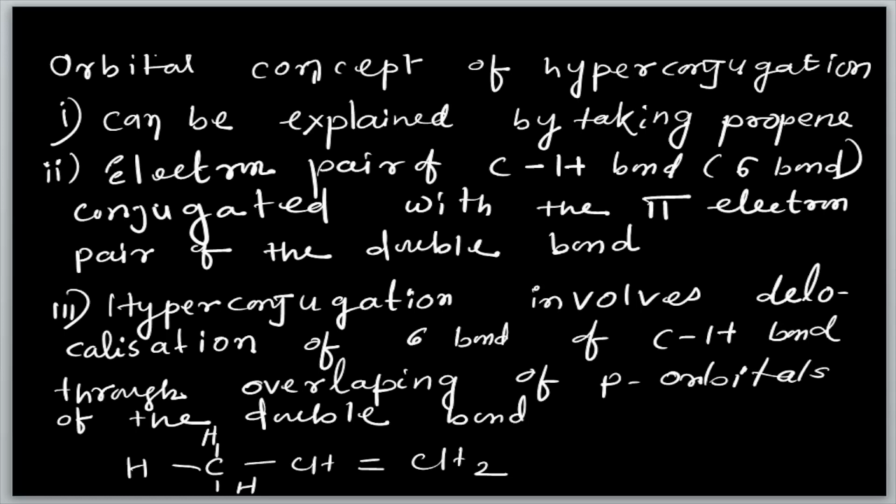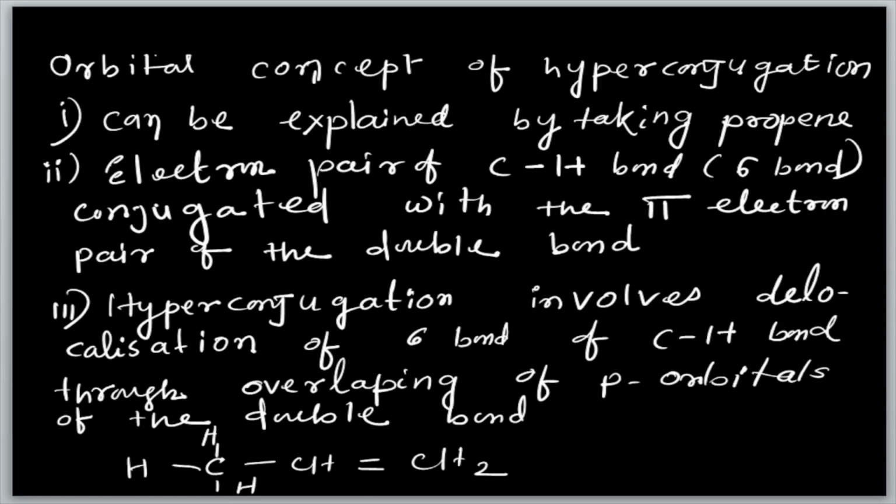Then what do we mean by the orbital concept of hyperconjugation? In the orbital concept, you observe that on one side there is a double bond, which is called the unsaturated system, and on the other side an alkyl group is attached to the carbon, where this carbon is attached to the double bond. Now you can observe the pi electrons. The electrons are present in the p orbital, and here this is a sigma bond.